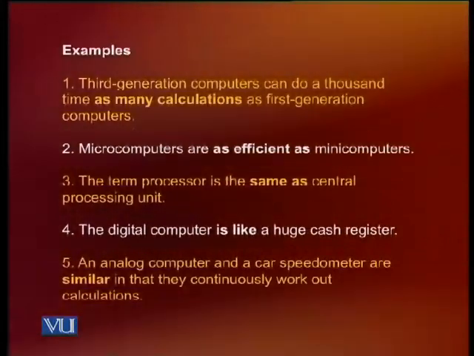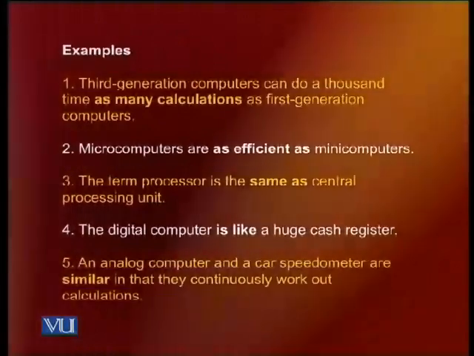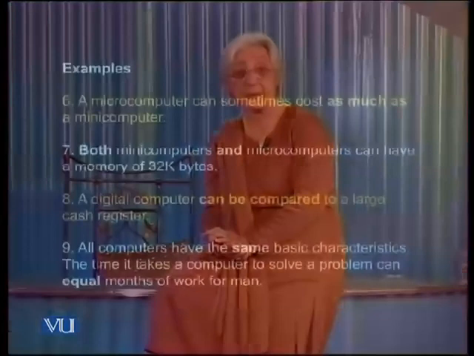And the phrase as efficient as is showing equivalence, that microcomputers are the same as minicomputers in efficiency. Sentence 3, the term processor is the same as. In number 4, is like, number 5, similar. These are all words and phrases showing equivalence.